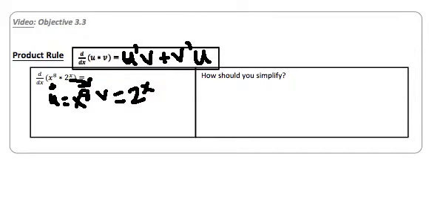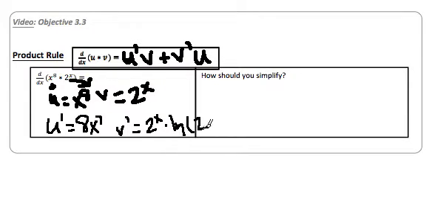Now I need to find what u prime is and what v prime is. If u is equal to x to the 8th, then u prime is going to be equal to 8x to the 7th, just using our power rule, and then v prime is going to be, using our rules, 2 to the x times ln of 2.